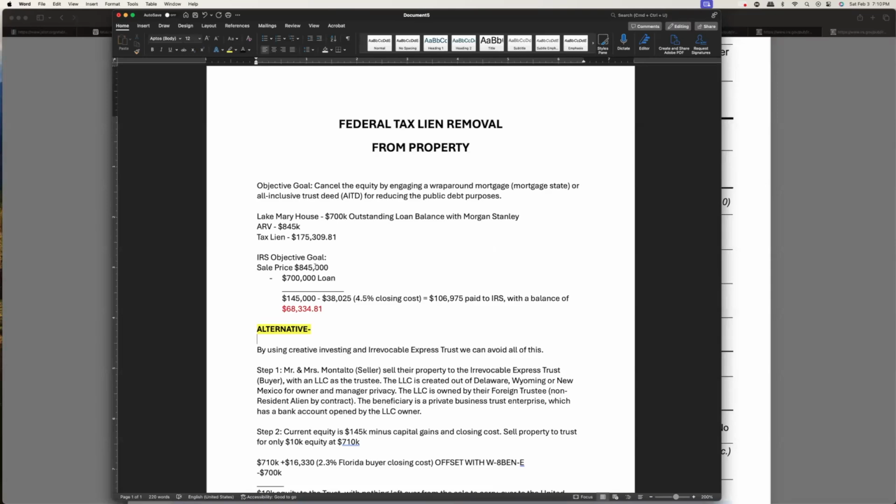Now this process is going to remove it from the property, but like I said in the other videos, we have the other forms like 433. We would send that in every year to let them know, look, I'm uncollectible. Leave me alone as long as I am a wage earner working with an employer. Once I become employed or operate as a business owner, then we really don't have to worry about this too much, because at that point, our businesses are owned by the foreign express trust.